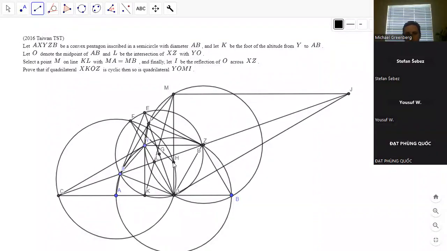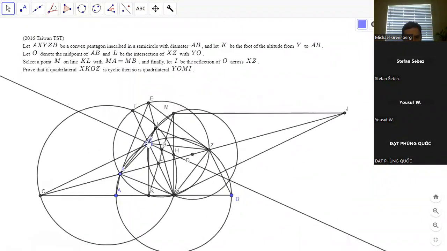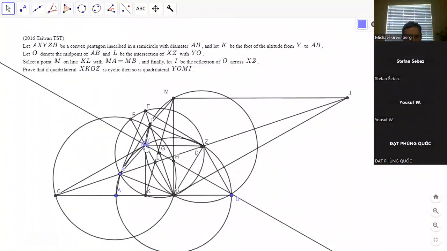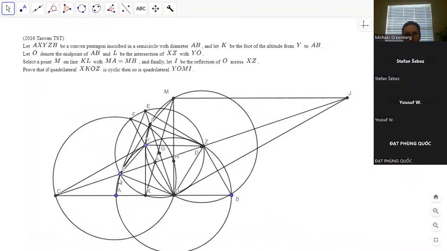That doesn't look true that F, G, and H are collinear. Hold up. Maybe Y, G, and H. Yeah, F, G, and Y. Because O, Y, I, M is cyclic, after inversion they must be collinear.